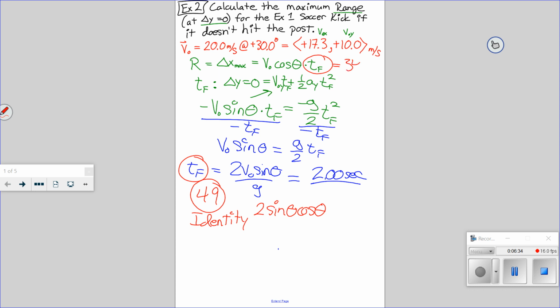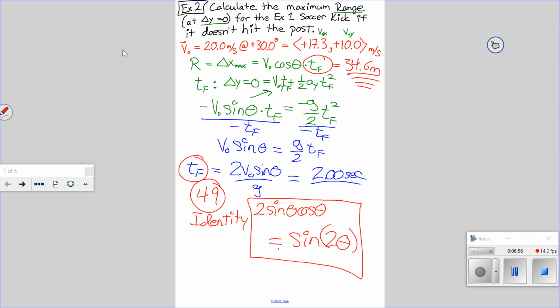That's my final answer. In this case, 2 times sine times cosine of the same angle equals sine of double that angle, and that 2 theta is in parentheses there. To simplify and derive all the way, that's the famous range formula.